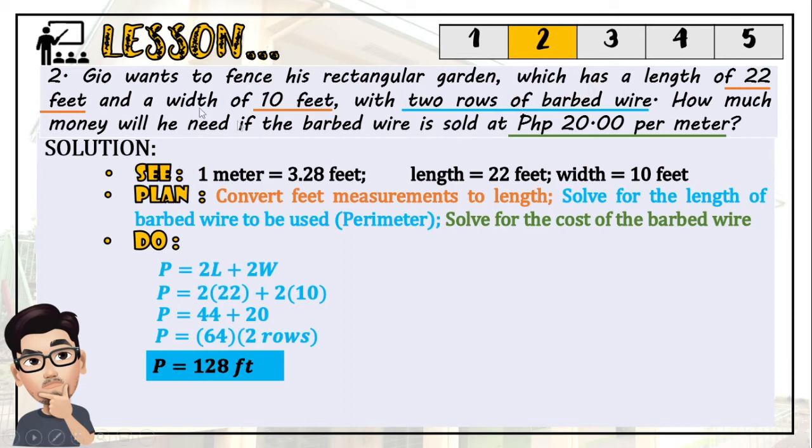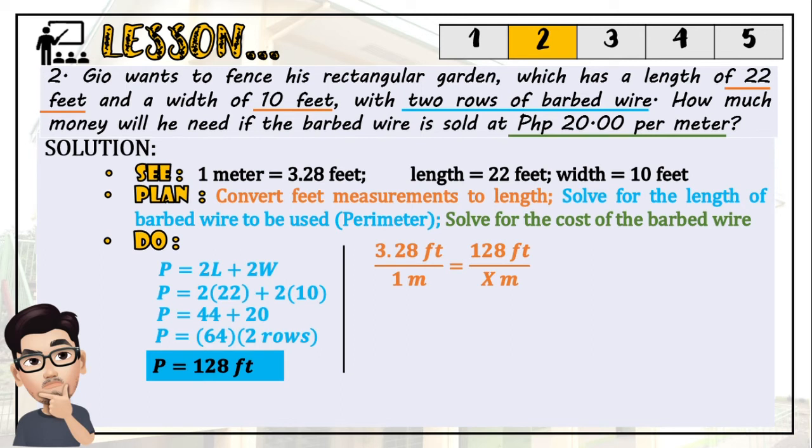And remember the barbed wire is sold at 20 pesos per meter, and we have here 128 feet. So next step, we will convert the measurements from feet to meters. Okay?